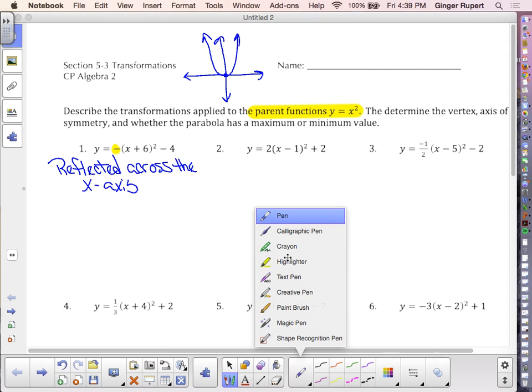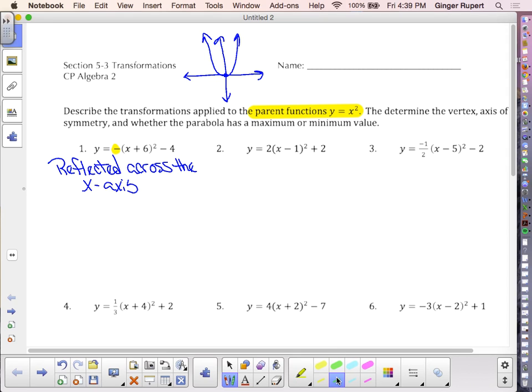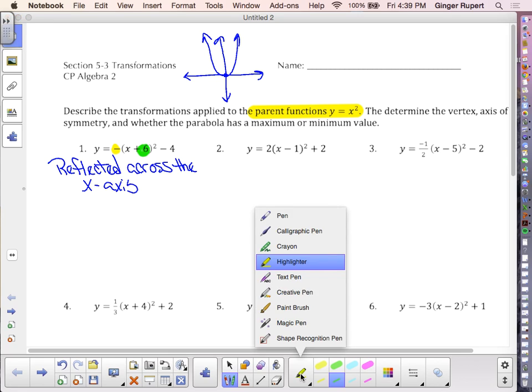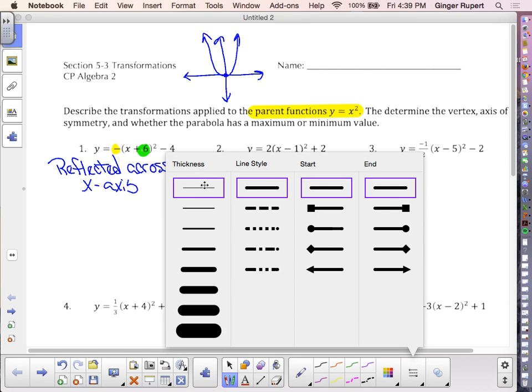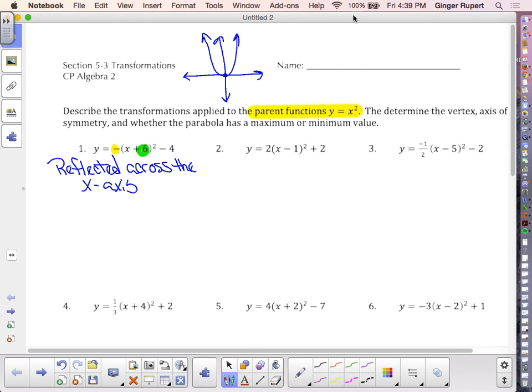The next thing you should notice is that you have a plus 6. Remember, vertex form says that would be minus h. So we know that this is then a minus 6. A minus 6 means that this will shift left 6 units.